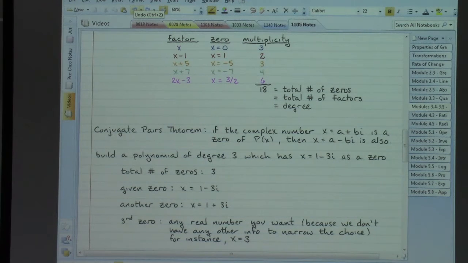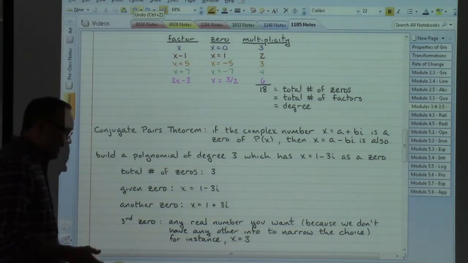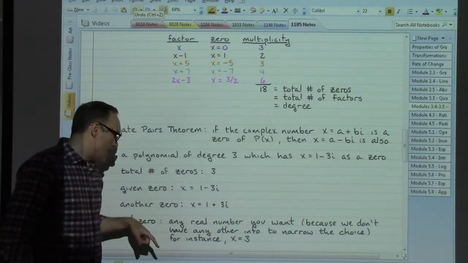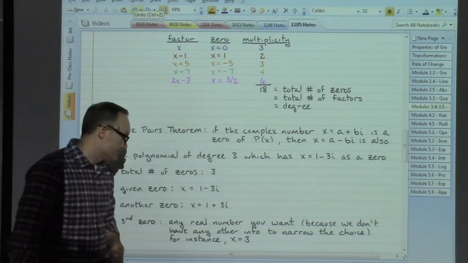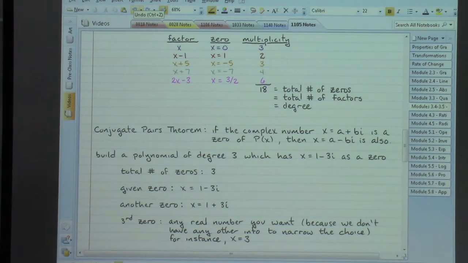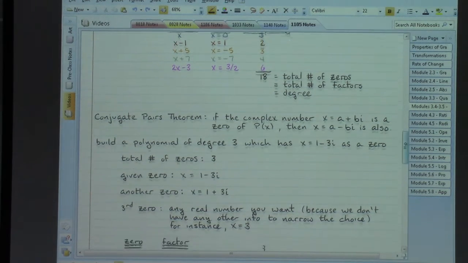Now that third zero, it can't be a complex number, at least not one in an a plus bi style, because those had to come in pairs. So that other zero can be any real number. We could pick anything that we wanted to. We could pick x equals 0, x equals negative 10, x equals 3 is what we're using in this particular example.